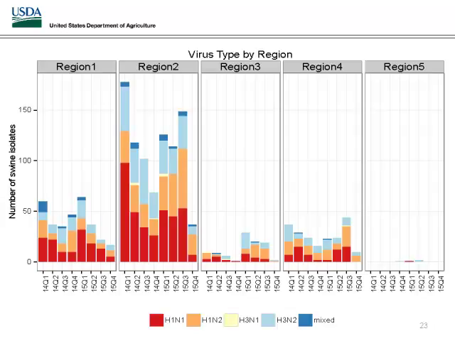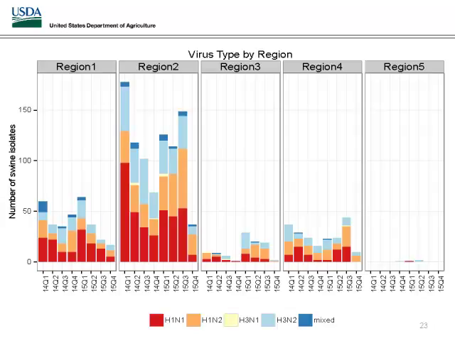So this map is a breakdown of that by the regions, and it also breaks down by the different virus types. The red is H1N1, the orange is H1N2, the off-white here is H3N1, the light blue is H3N2, and the dark blue is a mixed infection that could be multiple infections that we found.